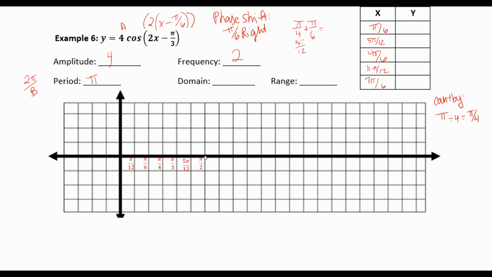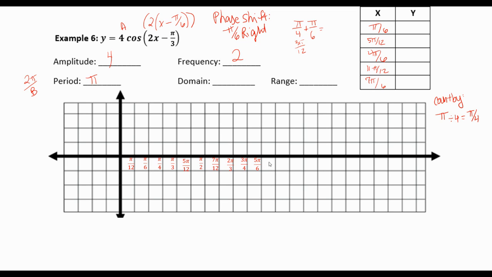So notice by counting by 12s, if you don't want to label each increment, but rather label the first and then some key ones, that's fine too, but I'm going to go ahead and keep going. So we had 6 pi over 12. Now we'll have 7 pi over 12, 8 pi over 12, which can be reduced to 2 pi over 3, 9 pi over 12, which can be reduced to 3 pi over 4, 10 pi over 12, which reduces to 5 pi over 6.